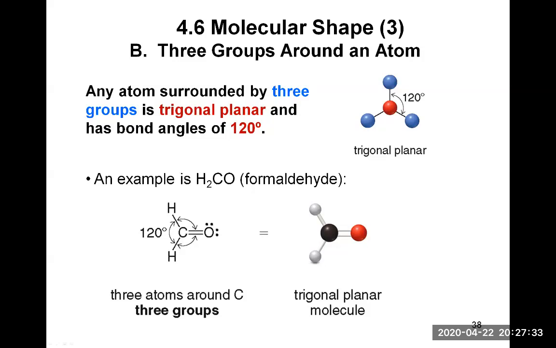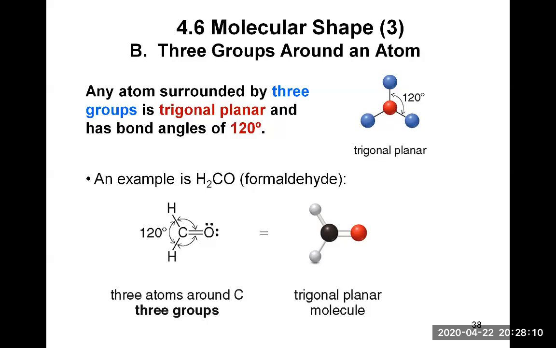An example is H2CO, formaldehyde. The Lewis structure for formaldehyde is shown here with carbon in the center, bonded with two hydrogens and one oxygen. The Lewis structure already shows the shape of the molecule because the bonds are all equidistant from each other, with 120 degrees between two bonds.